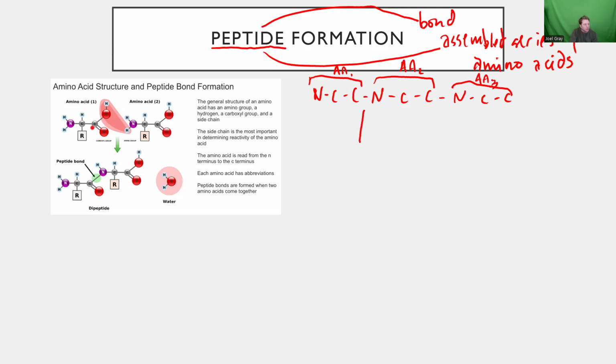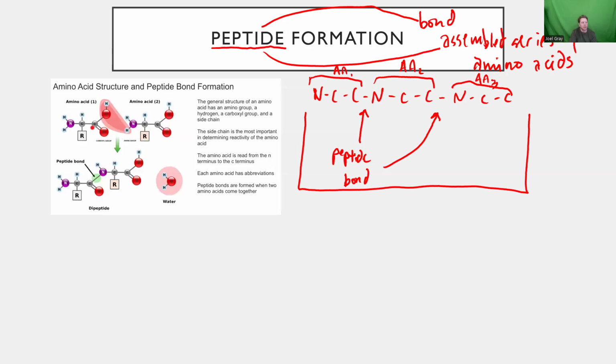Now, this right here is the peptide bond. So too is this. This entire thing right here is 3 amino acids. This is going to be commonly known as a peptide.